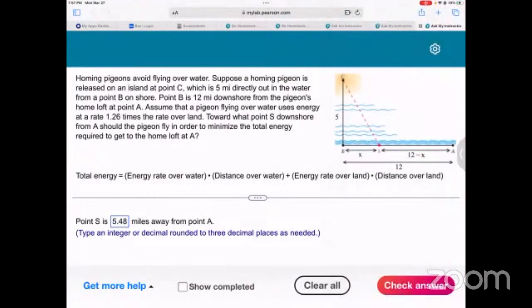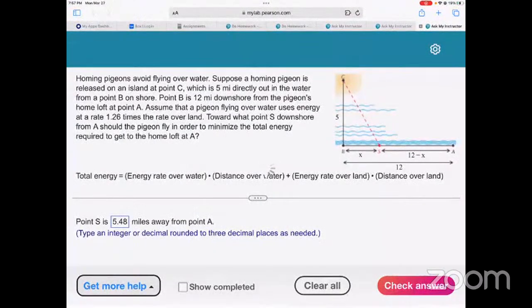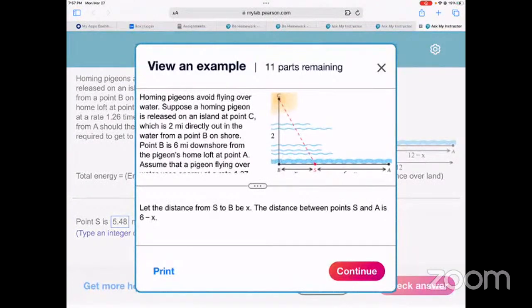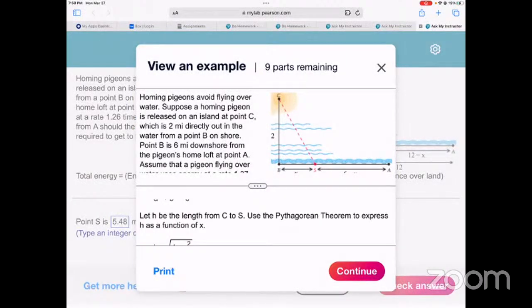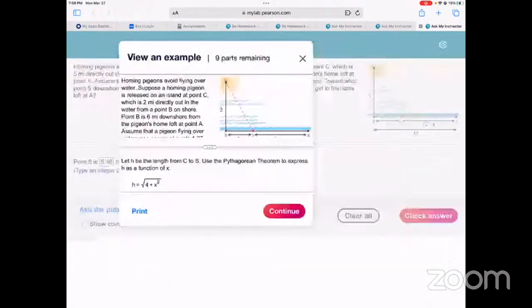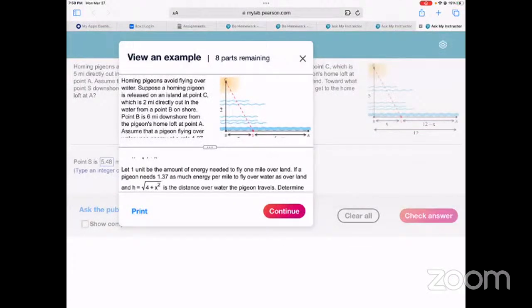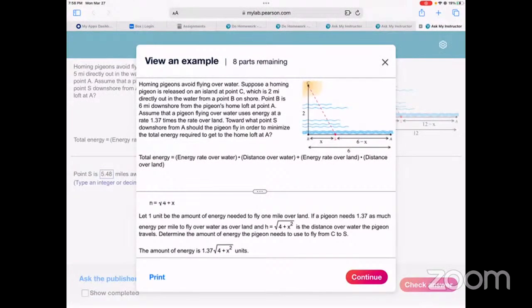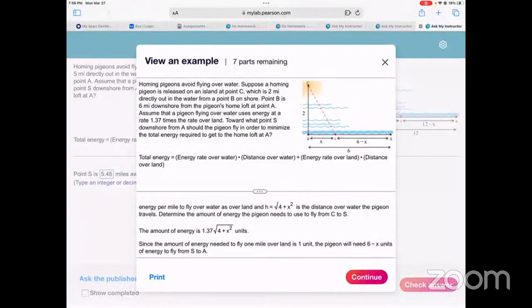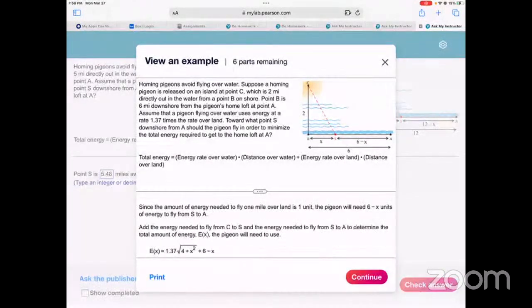So let me view an example. Yeah, right there, right? The amount of energy is that. Okay, that's fine. So we got that set up properly. Maybe we just made an error somewhere.